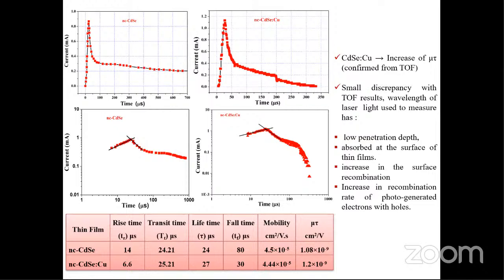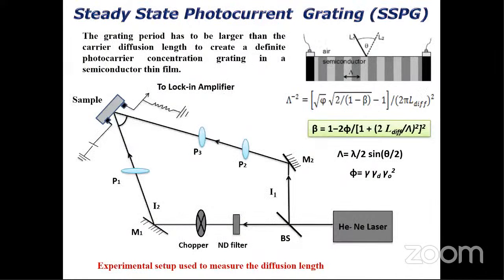We have used a laser which has low penetration depth, absorbed at the surface of the thin films, which increases the surface recombination, and increases the recombination rate of photo generated electrons with holes. All of us know that when we give a pulse of light of some wavelength to a material, the electron holes are generated, and they will recombine if surface defects are there in that case.